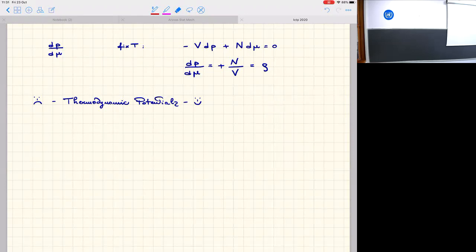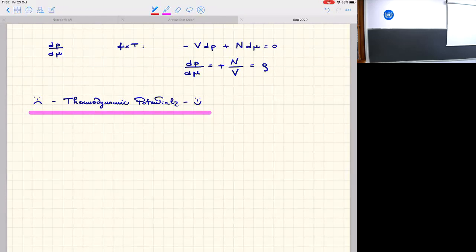All right, so thermodynamic potentials. Why are they useful and how to use them? In order to introduce thermodynamic potentials, you always have to have in mind a physical situation. Each thermodynamic potential is constructed to describe a certain physical situation.